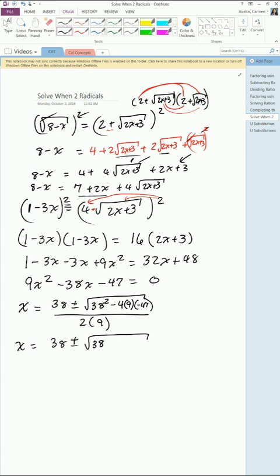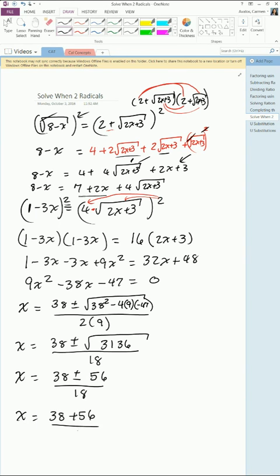And when you calculate it, it's going to give you 3136 all over 18. So that gives you x is equal to 38 plus or minus 56 all over 18. And so that gives you 2 answers. So x is equal to 38 plus 56 over 18, or x is equal to 38 minus 56 over 18.